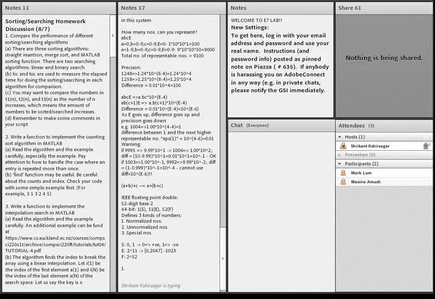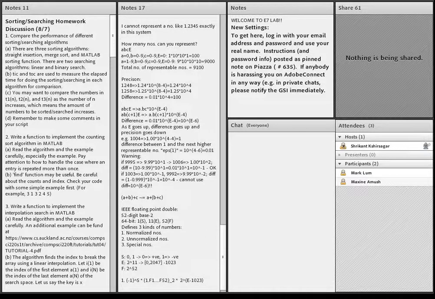They're essentially numbers of this form: minus 1 raised to s times 1 point f1 all the way until f52 in binary, times 2 raised to e minus 1023. Okay, so these are our normalized numbers.